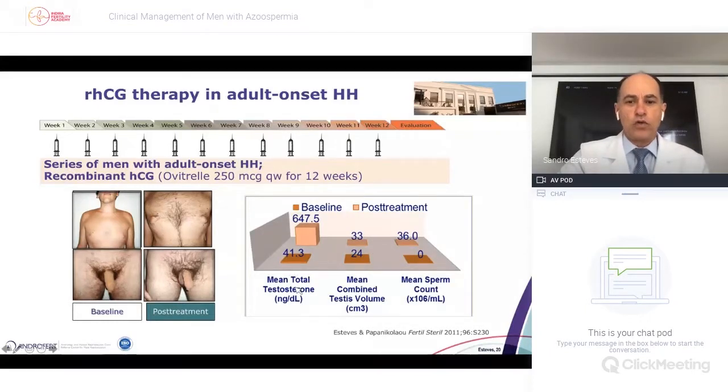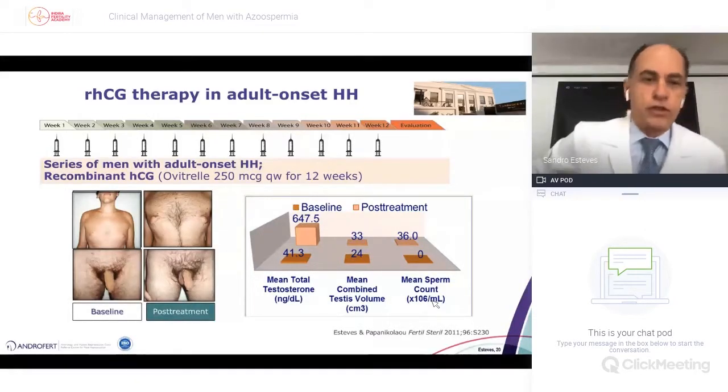From baseline, the total testosterone level was 41 nanograms per deciliter, and after treatment it climbed to 647.5 on average. Here you can see the mean combined testicular volume going from 24 and climbing to 33. The sperm count in this group of patients averaged 36 million per ml.